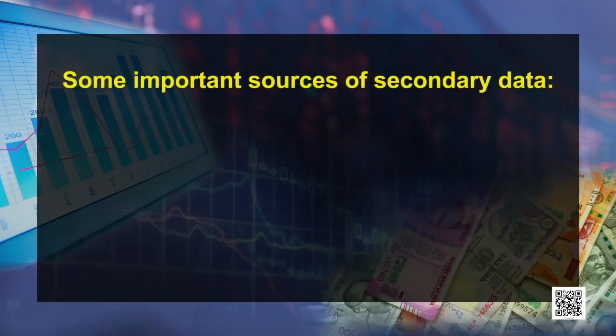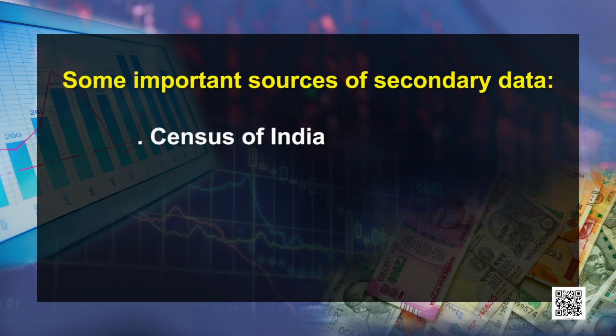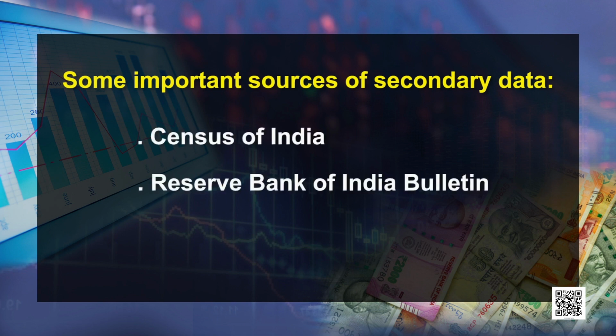Some important sources of secondary data are Census of India, Reserve Bank of India Bulletin, economic surveys, etc. Thus, the data are primary to the source that collects and processes them for the first time and secondary for the sources that later use such data. Use of secondary data saves time and cost.